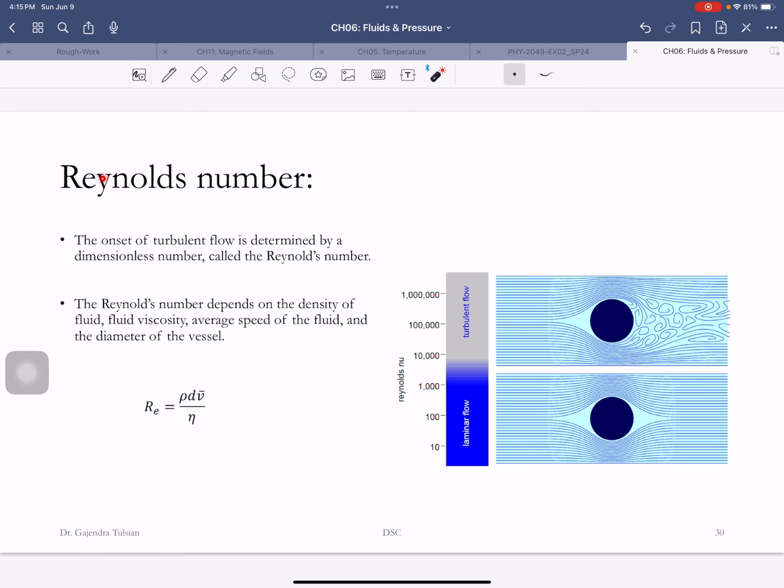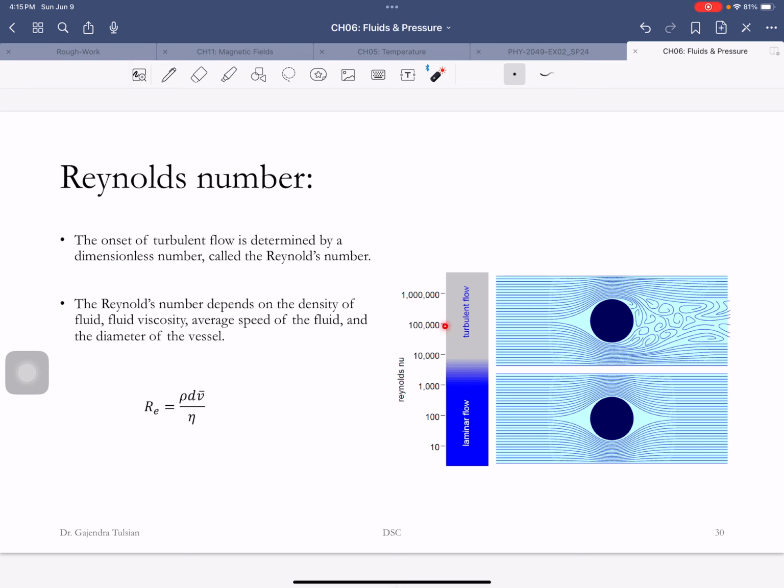Now, Reynolds number is a number that tells you when turbulence will set in. The onset of turbulent flow is determined by a dimensionless number called the Reynolds number. So here's an object sitting in, let's say, a wind tunnel, and you can see that below this Reynolds number, the flow is laminar.